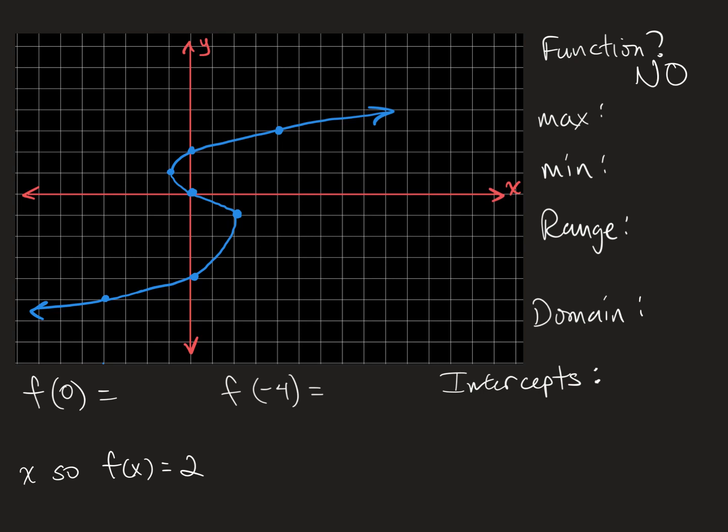On to the max and min, and this is slightly different from the last example as well. Say the max. The max is the highest y value over here, and it looks like it might be 1, 2, 3, 4, because I made the graph stop there at 4. And I ask my classes, what direction is this arrow pointing?